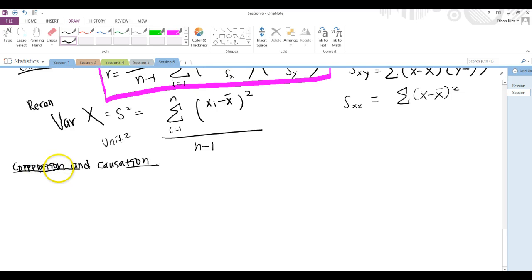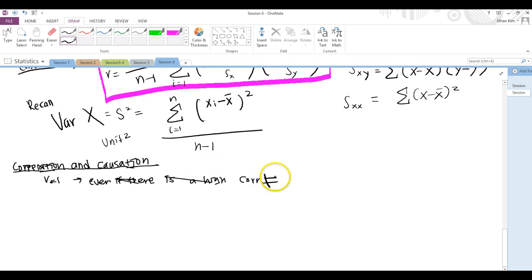What we say here is that even if there is a high correlation, say a perfect correlation, R equals 1, right, it doesn't necessarily mean that there is a cause and effect relationship.